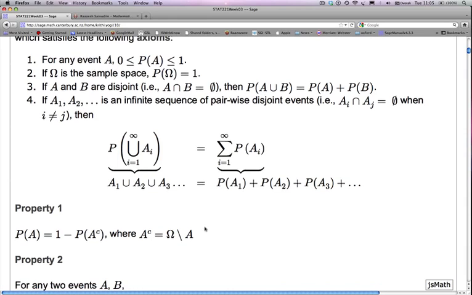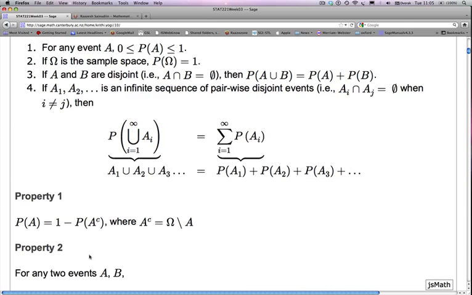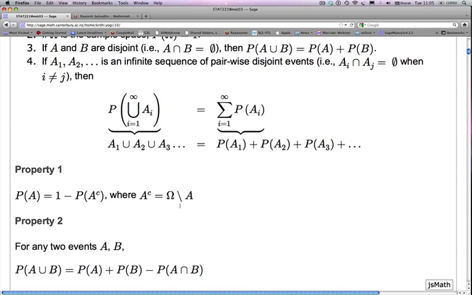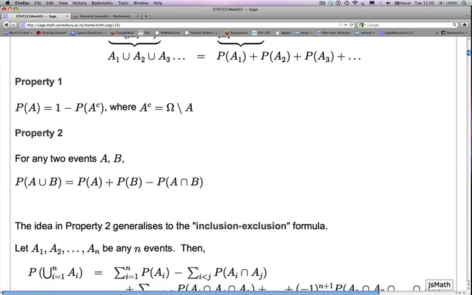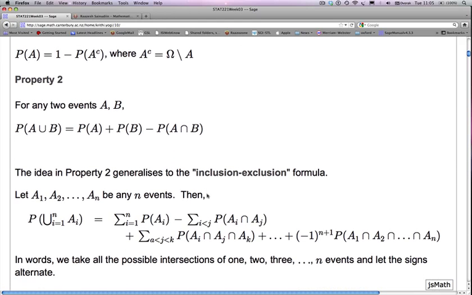Remember from last week, property 1 says probability of A is 1 minus probability of A complement, where A complement is the set difference of the sample space capital omega take away A. Property 2: for any two events A, B, probability of A union B is probability of A plus probability of B minus probability of A intersection B. Again, this is another property that just pops out of this definition of probability.